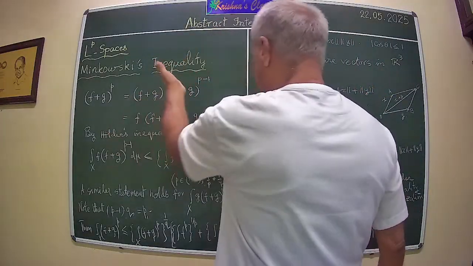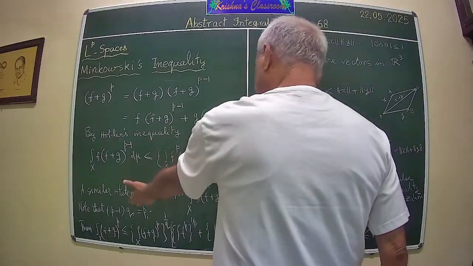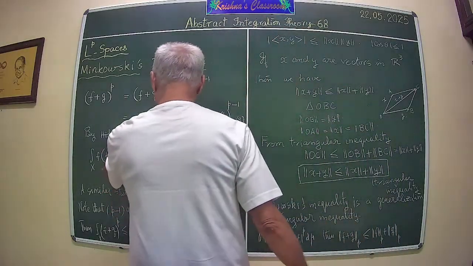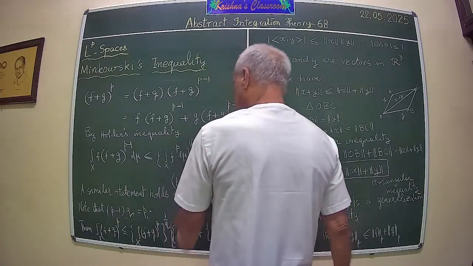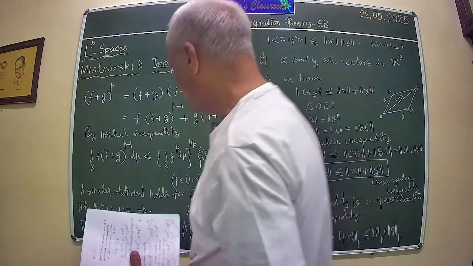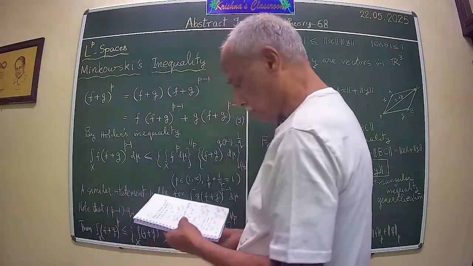So that would follow from these inequalities applied. You work with this and then you have the two inequalities that you have, combine them together. Use the fact that p minus 1 times q equal to p.